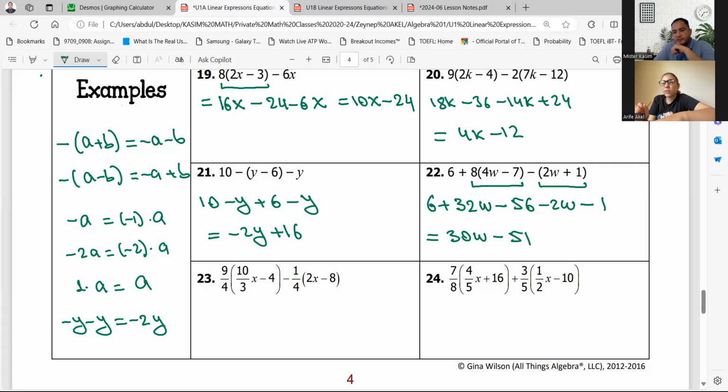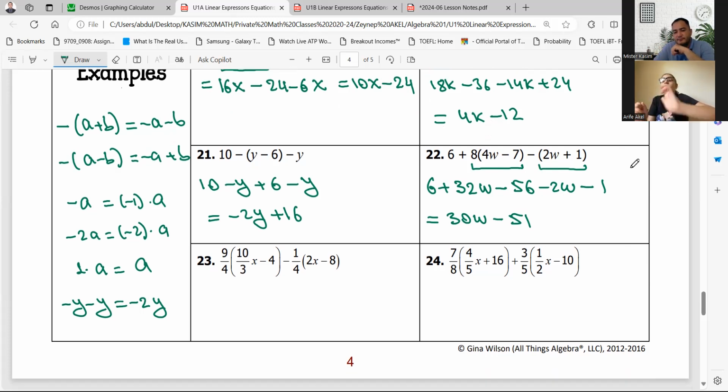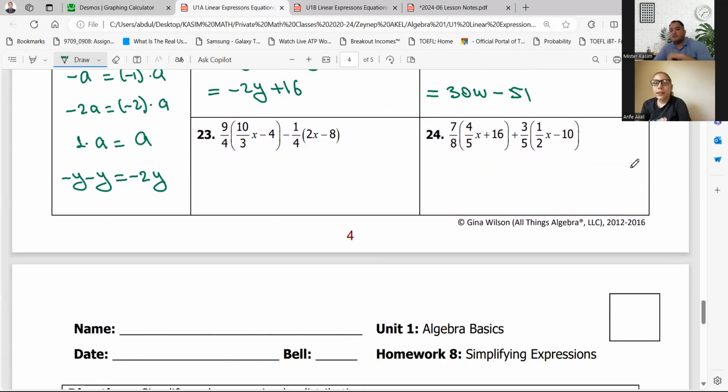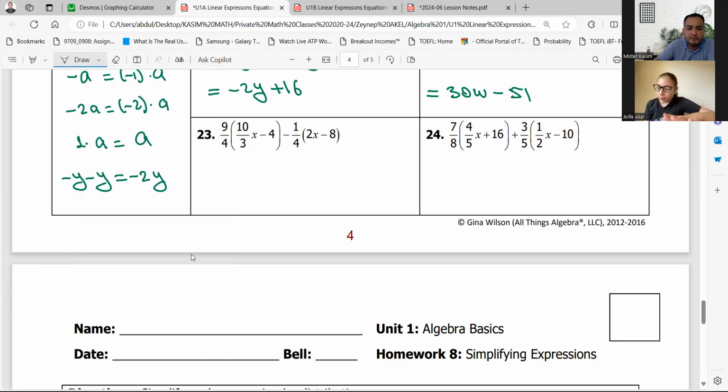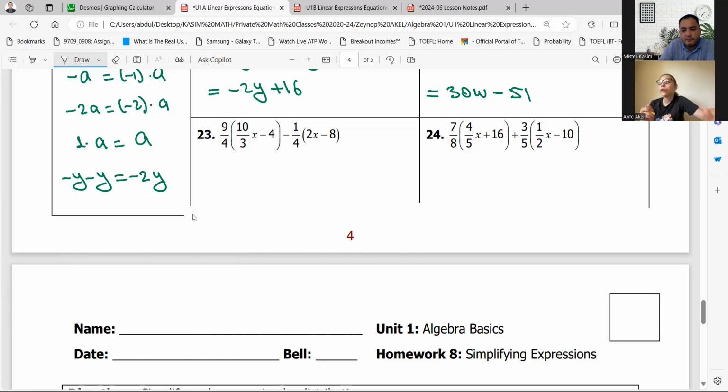Now we have fractions. Nice. Zainab, try. First you open this using what's fractions. I will give you 2 minutes, but you have to learn this. Question 23. Am I going to solve what's inside the parentheses first?